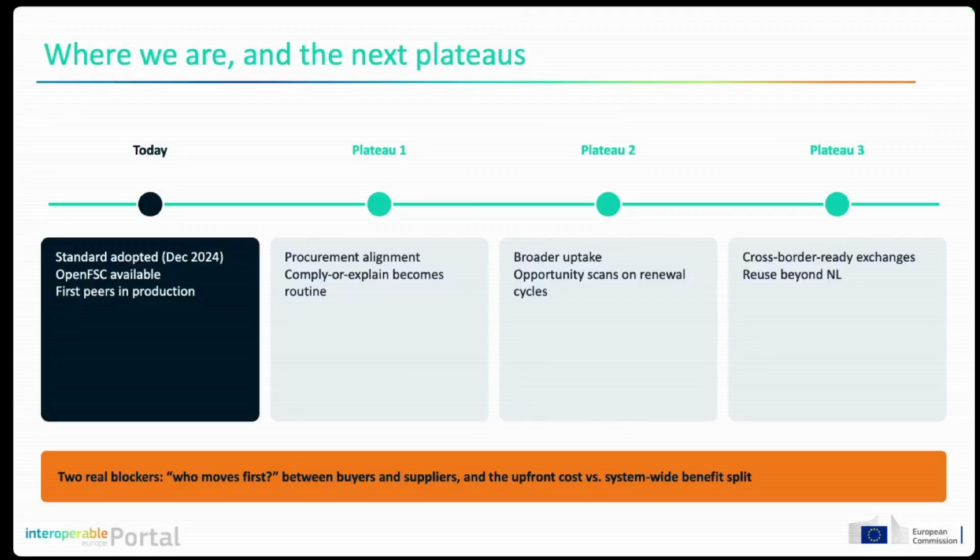And it now has a status that every organization that does a procurement above 50,000 euro has to use this standard, if it's applicable, if you're using APIs and connections between organizations, or you have to explain why you don't use it.